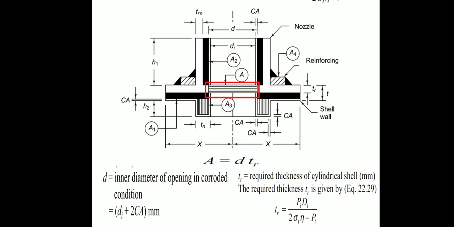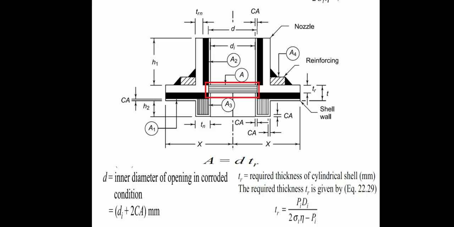Now the area removed for the opening is already being compensated by the additional area provided during manufacturing. This area near the opening is formed due to the additional thickness provided during manufacturing.